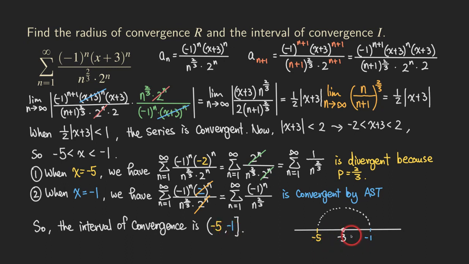By doing this, you can actually help yourself check the answer. Let's say when I write something wrong, I realize that it cannot be true, right? So do you see what's going on here? There are 2 units from the center to -1 and also 2 units from the center to -5. So you know that the radius of convergence is 2 in this picture.